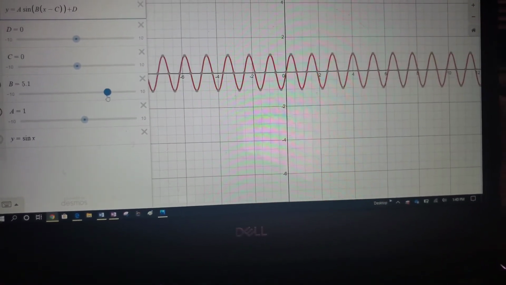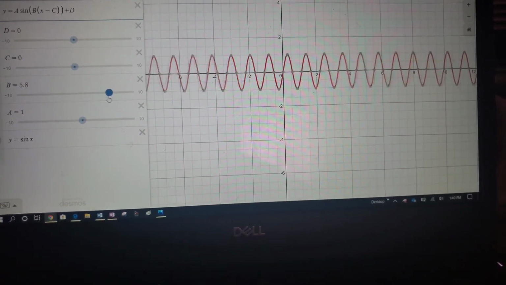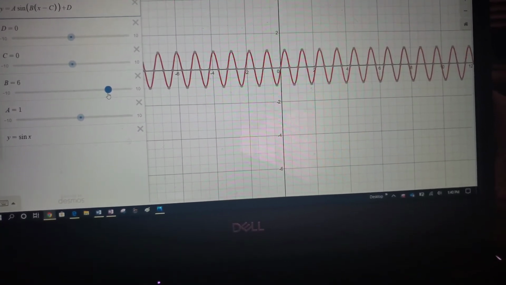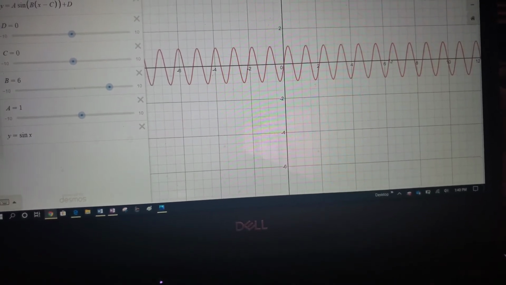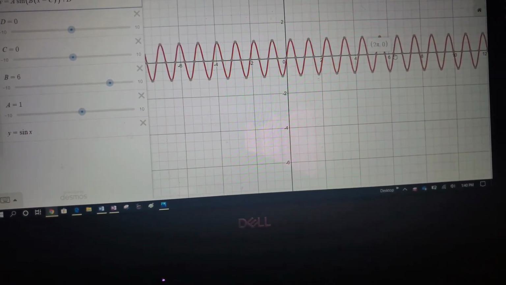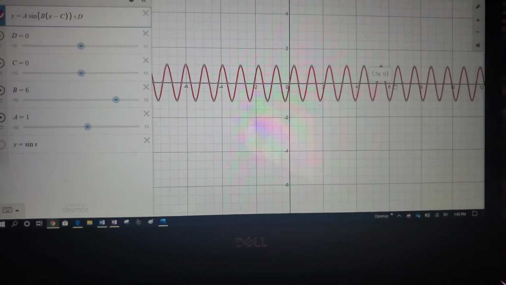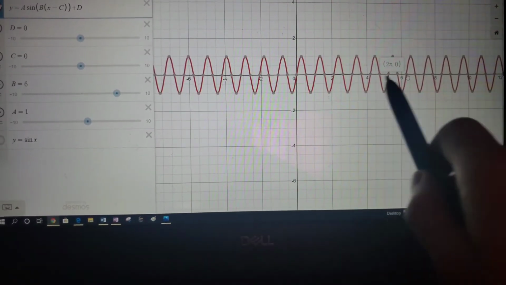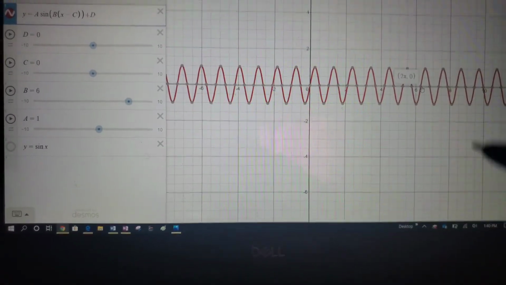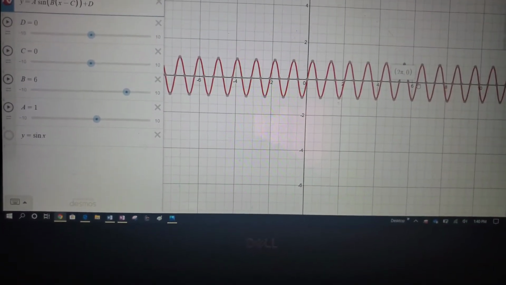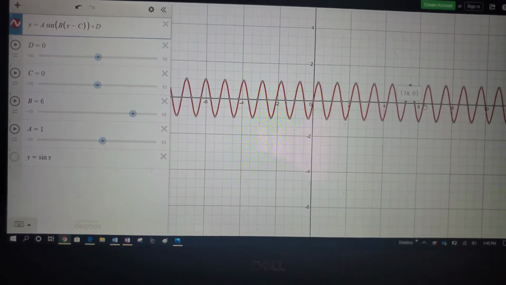Let's make it bigger. And you can see we're putting more cycles in this interval of 2 pi. And 6. And here it is, 2 pi. In this 2 pi, we're going to have 6 cycles in total. I'm not going to count them. Take my word for it, or pause the video and count if you want to.